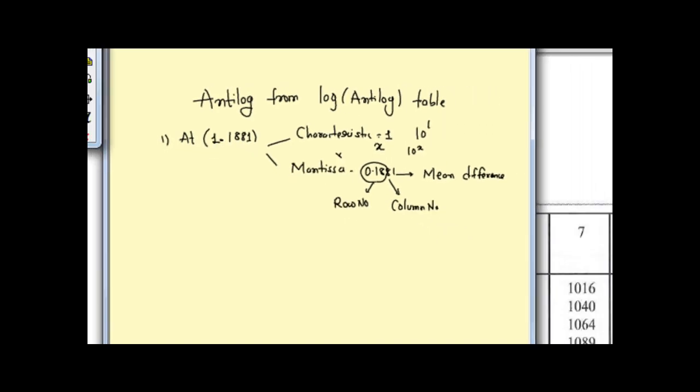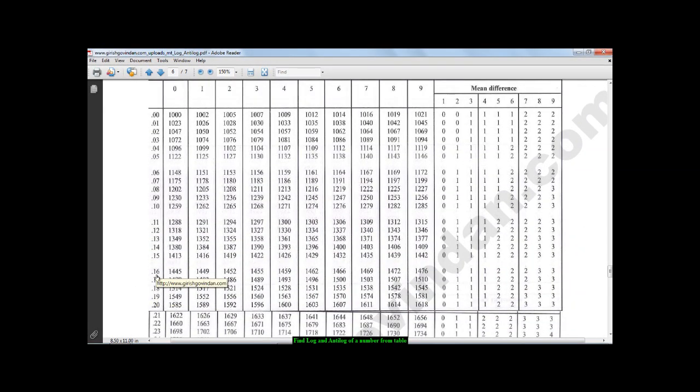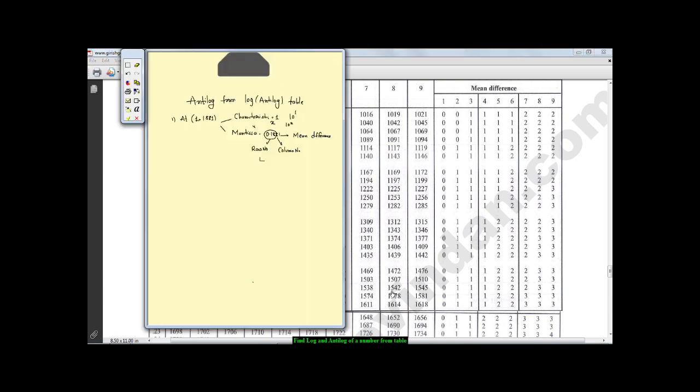So we'll go to row number 0.18, that is this row, column number 8, that is 1542, right? And the mean difference is 1.